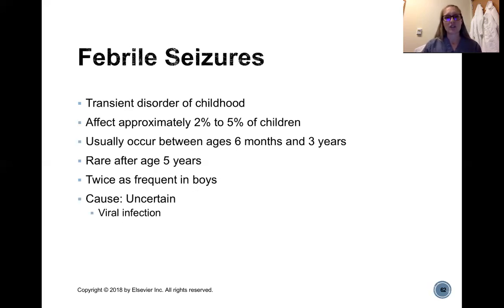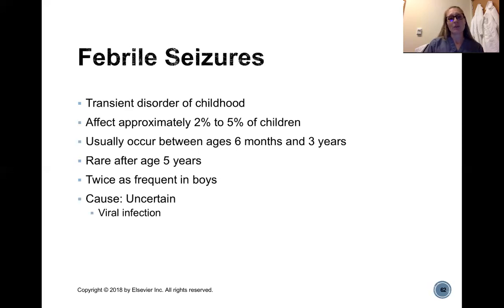So bringing the child's temperature down isn't going to stop the seizure once it occurs. So what's key here is making sure that the child's temperature doesn't get to the point that would initiate that seizure. So that's going to be how we prevent it. And you can see it's twice as frequent in boys, which is kind of interesting.